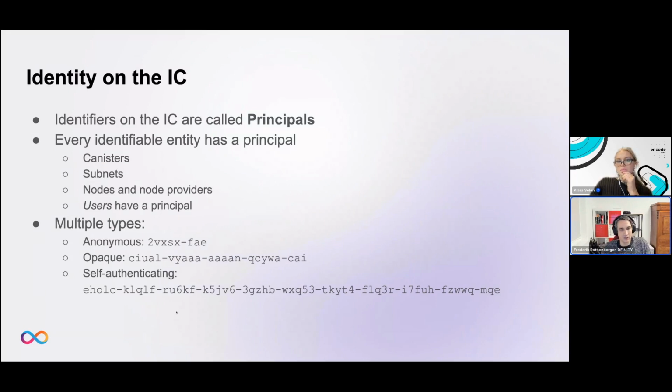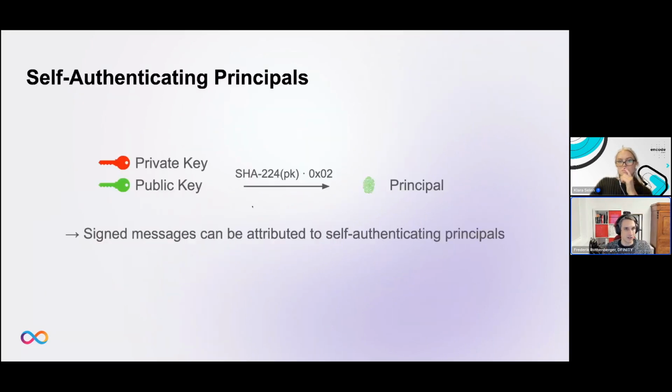And these are the interesting ones to look at in the context of internet identity. So a self-authenticating principal is essentially just the SHA of the public key of a private public key pair concatenated with some marker bytes. And this gives you a principal which we treat as an identity on the IC. And this means that we can attribute signed messages that are signed with the private key to this principal if they send along the public key as well.